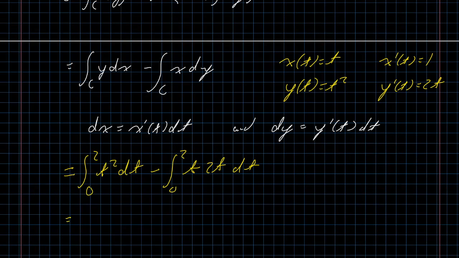Integral from 0 to 2 of t squared, that's going to be 1/3 t cubed. And then we have 2t squared, which is going to give me 2/3 t cubed.